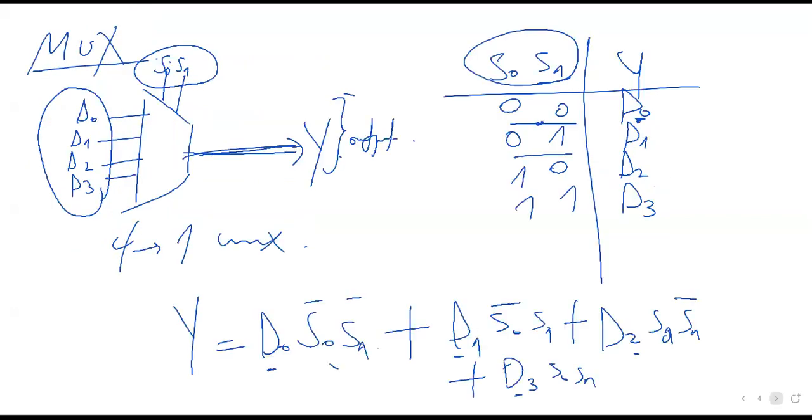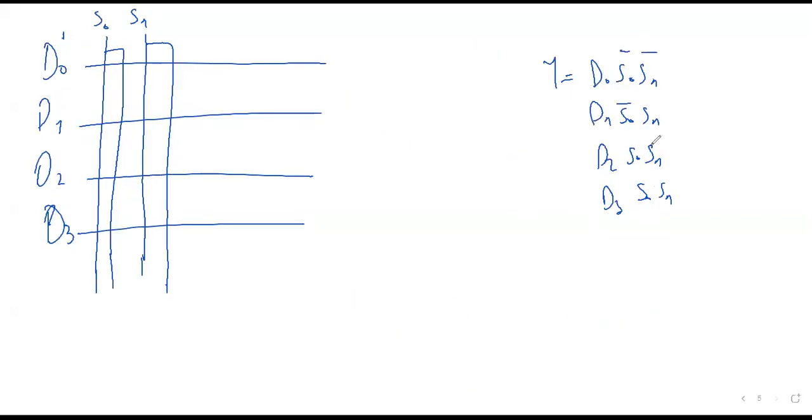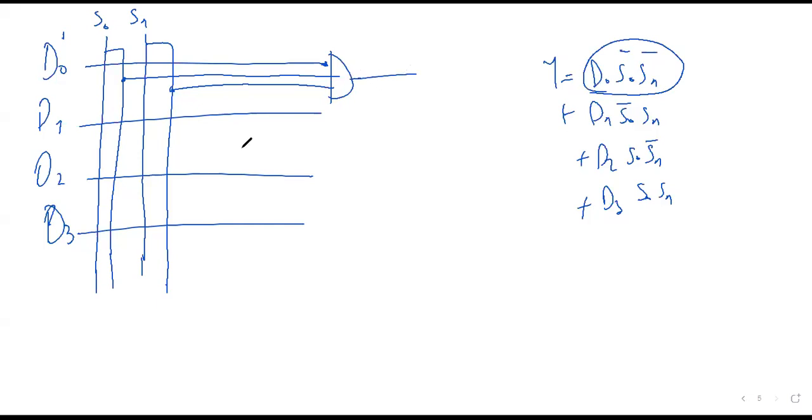This is my Y. So I have D0 with S0 bar and S1 bar going into an AND gate, with an output.